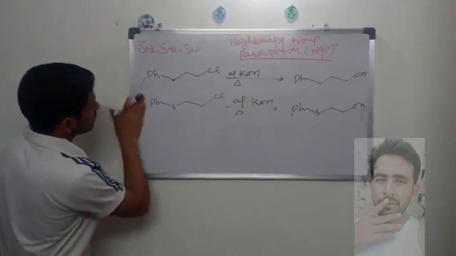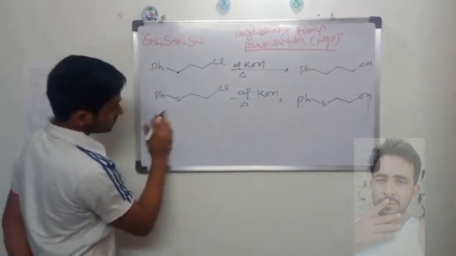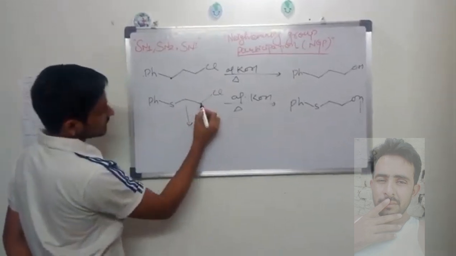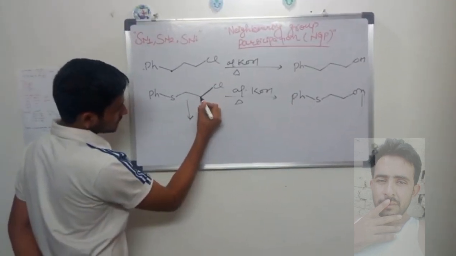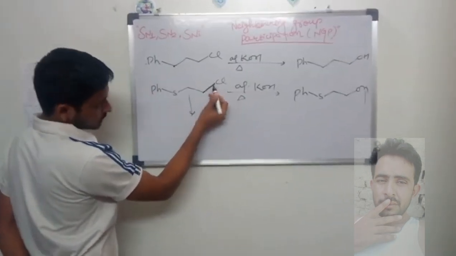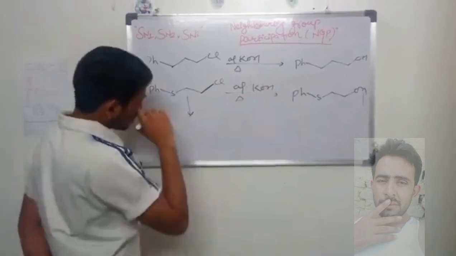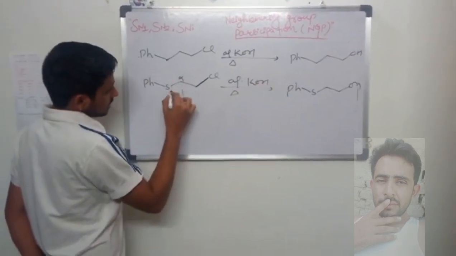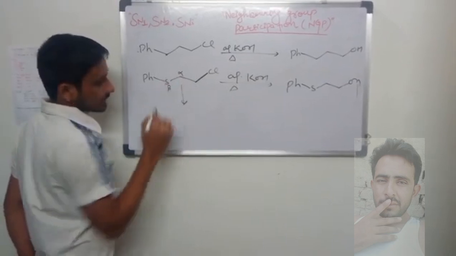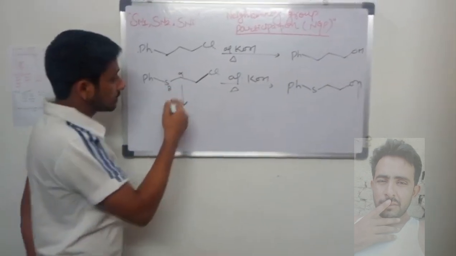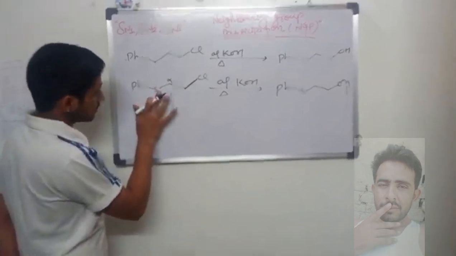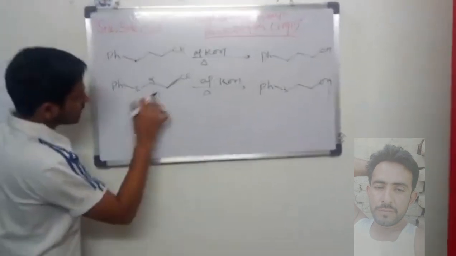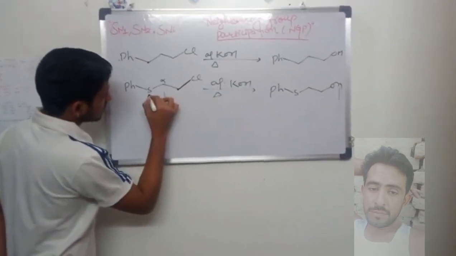Why is this so? We can see from its mechanism. This is the neighboring element, and this is the carbon-Cl bond that is going to be substituted by OH minus. At the beta position, alpha, beta, there is a sulfur atom which can act as a neighboring group, which can attack at this carbon to form a cyclic transition state.